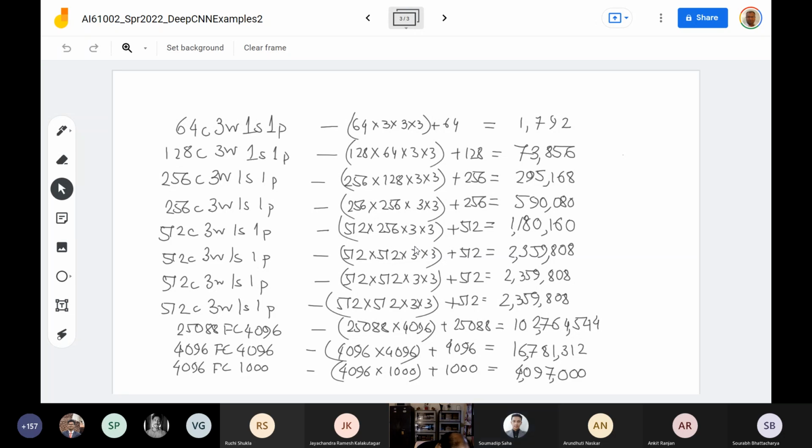Why? Every output neuron will have one bias associated with it. Okay, sir. How many output neurons are there?